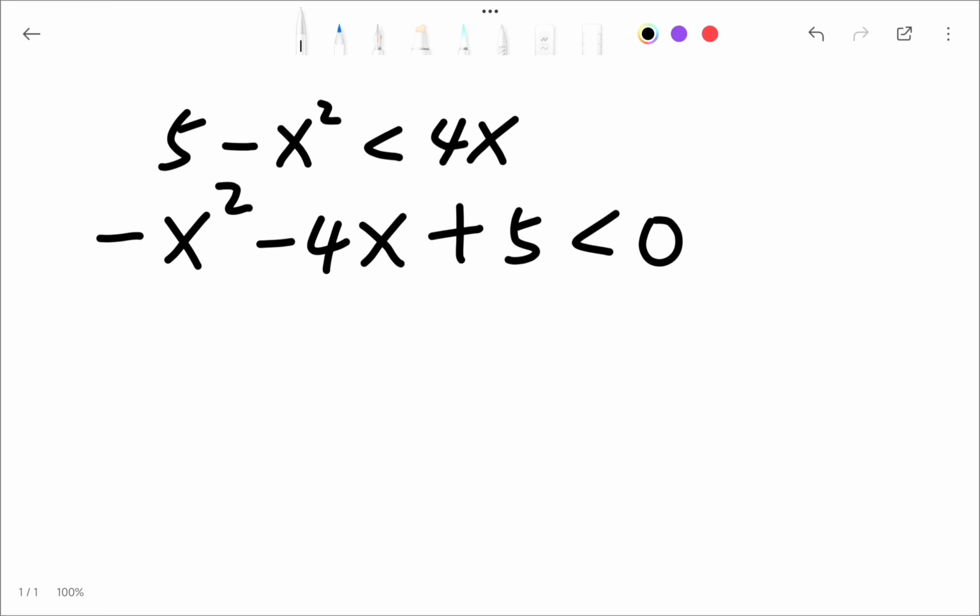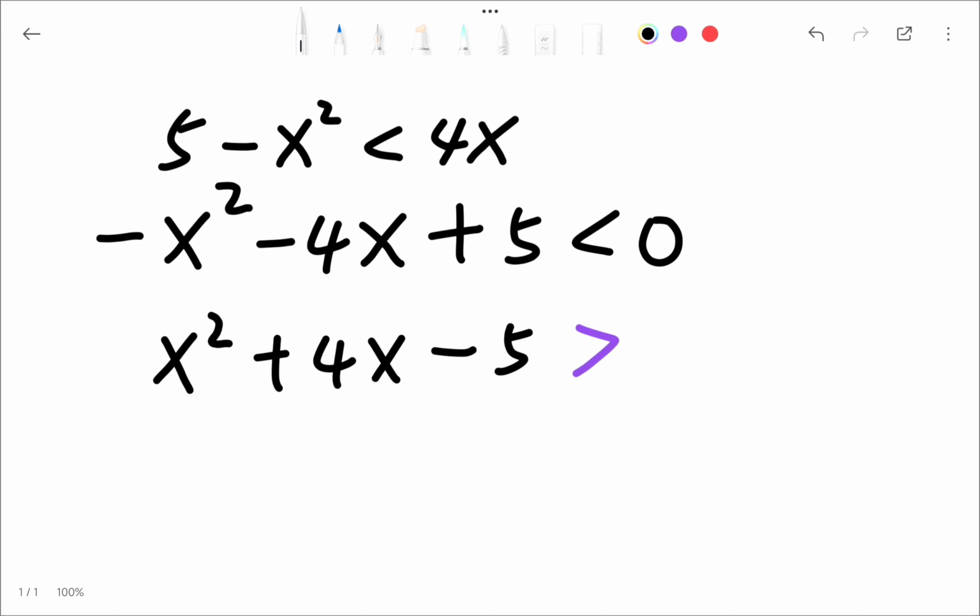The next thing I would like to do is to get rid of the negative sign in front of x squared by either multiplying or dividing both sides by -1. When I do this, I need to change that less than to greater than.